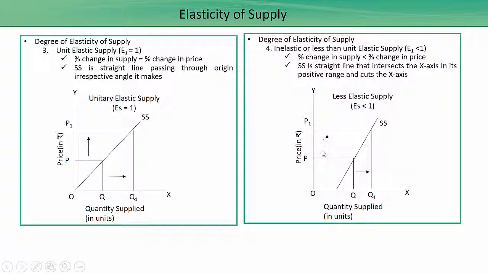Let's say the price increases from 10 to 20, but the change in the quantity supplied is not much. It just, for example, increases from 20 to 25. Remember, the supply curve would be a straight line intersecting the x-axis in its positive range. This is how the graphical representation of inelastic or less than unit elastic supply looks.